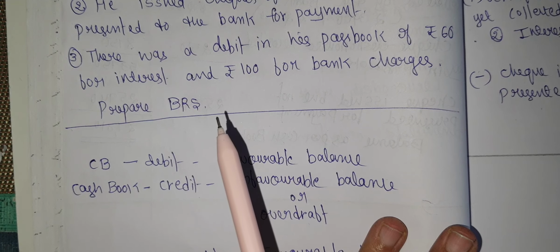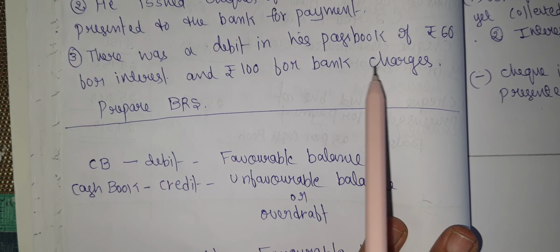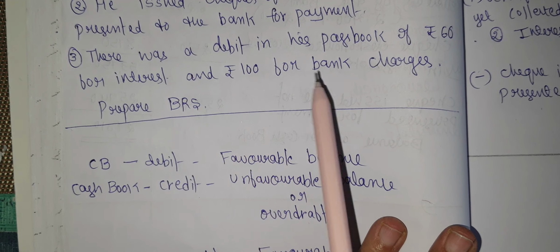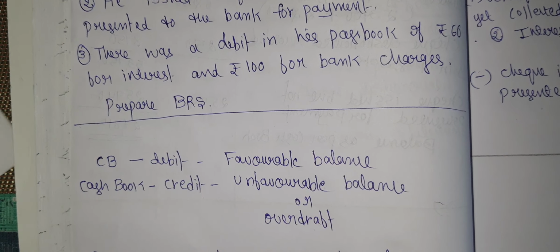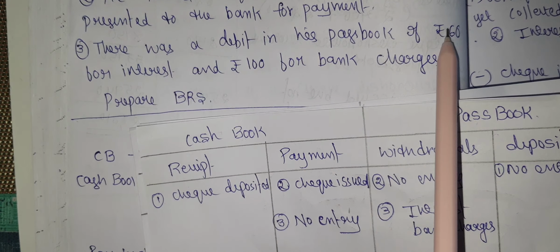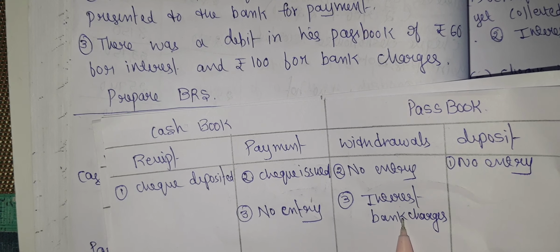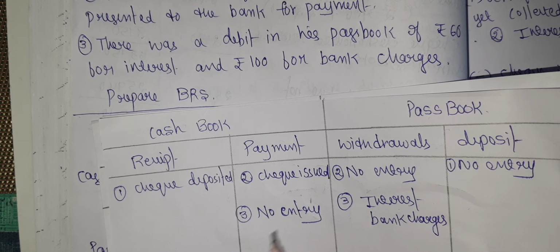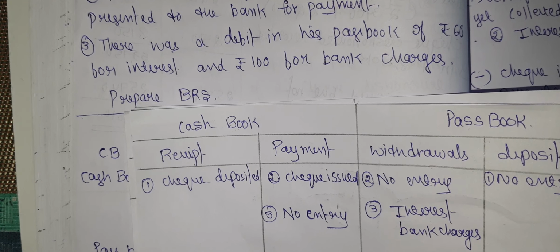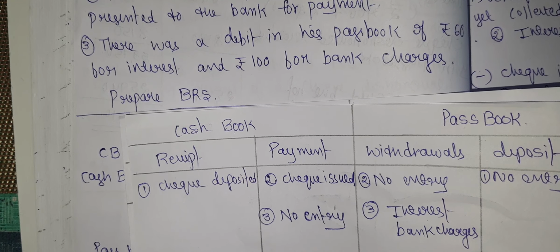The bank directly debited rupees 60 for interest and rupees 100 for bank charges, that is 160, in the passbook of Rakesh. First step is to record the transaction. In the passbook debit side, interest and bank charges. In the cash book, he is not aware of the transaction. He doesn't know they deducted rupees 60 and 100, so there is no entry in the cash book.